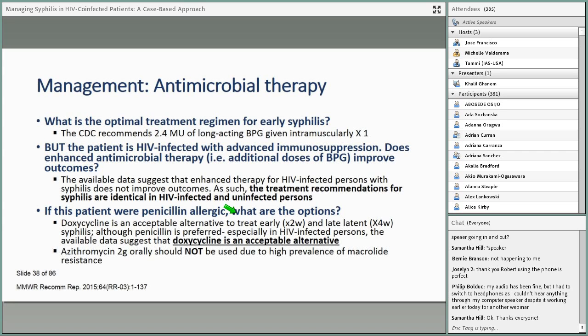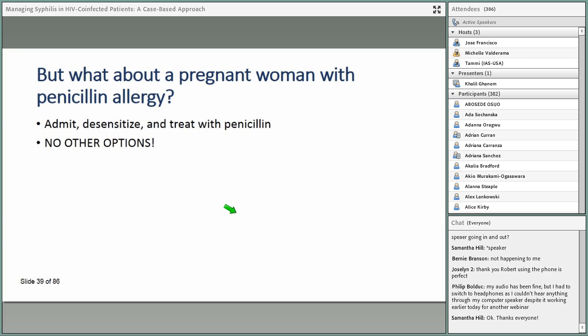You don't need to give patients more doses of benzathine penicillin G because they're HIV infected. Patients living with HIV are treated exactly the same way as patients who don't have HIV infection when you're managing syphilis. So for early syphilis, the treatment is 2.4 million units times 1 dose, whether you're HIV infected or not.